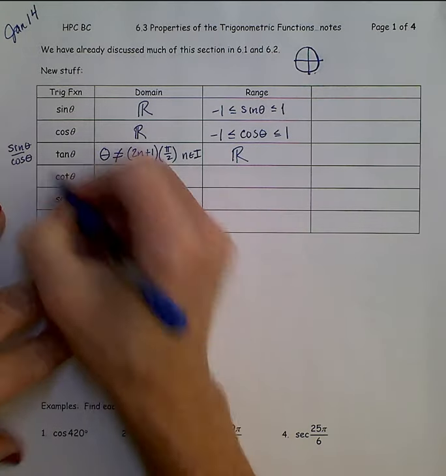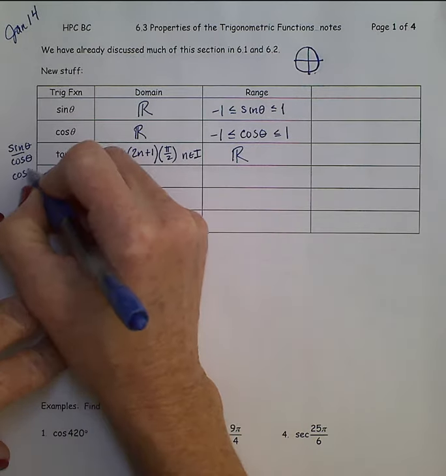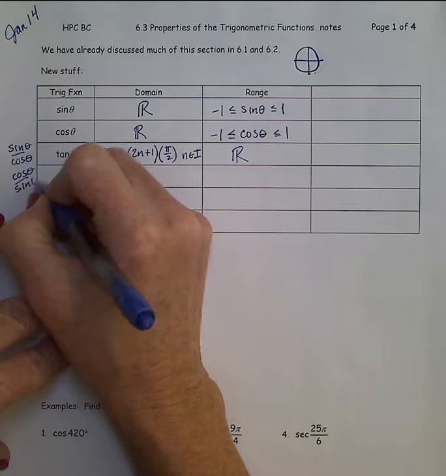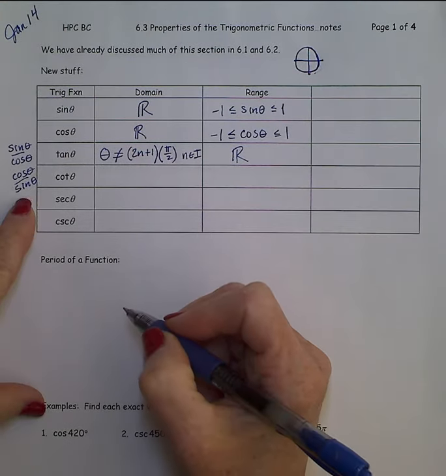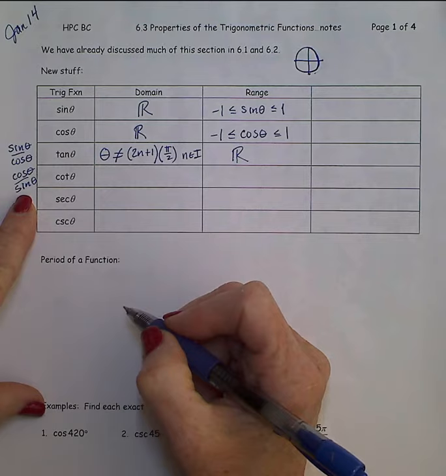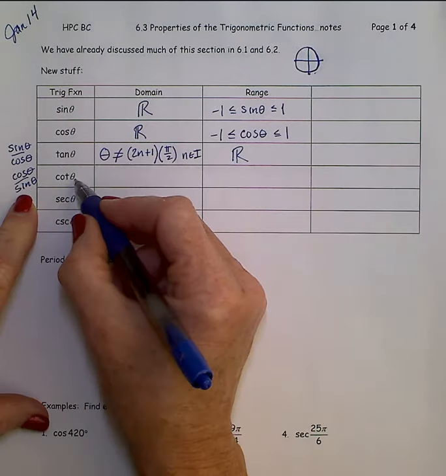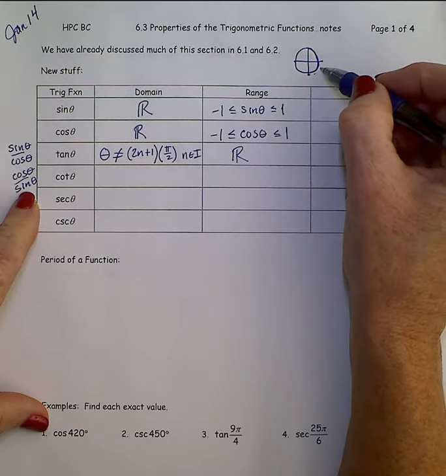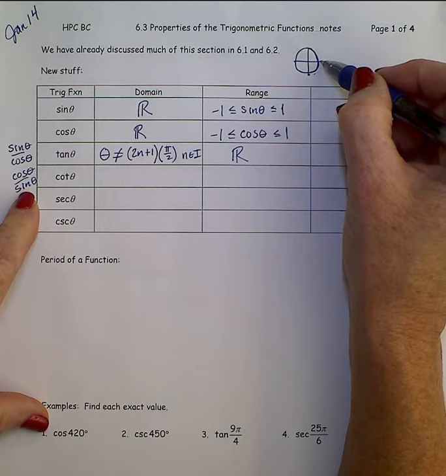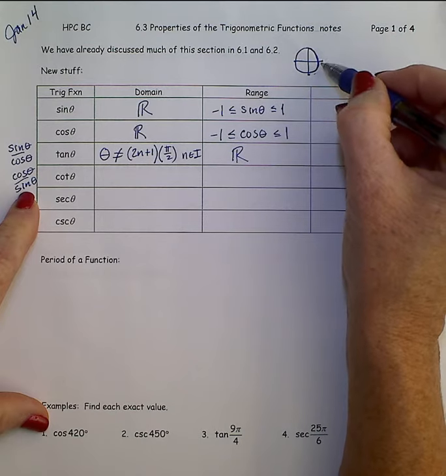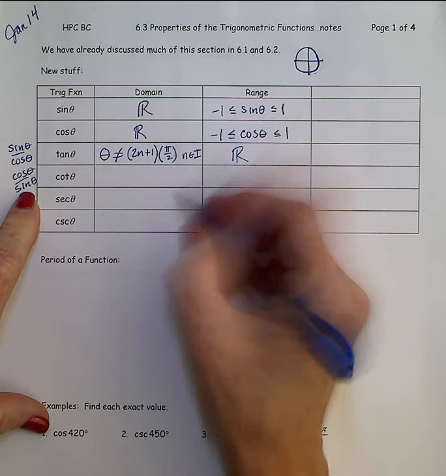Cotangent, because that's cosine over sine, anywhere where sine is equal to 0 is going to make cotangent undefined. And sine is equal to 0 at pi, at 2 pi, at 3 pi, at 4 pi. So integer values of pi.